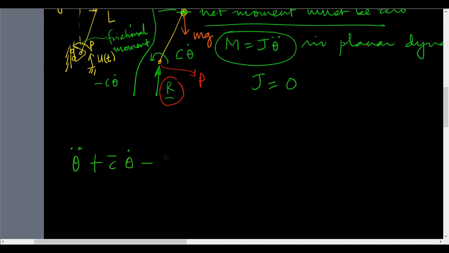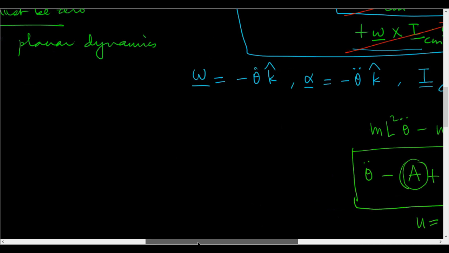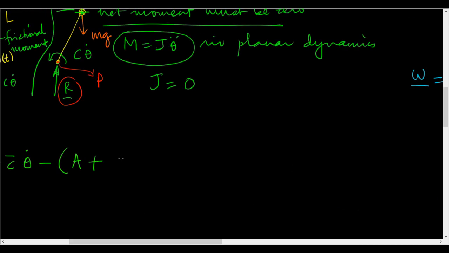Minus a plus, and this b and the u0 and the omega squared are all going to combine in some way, but I will just write it as b u0 omega squared.